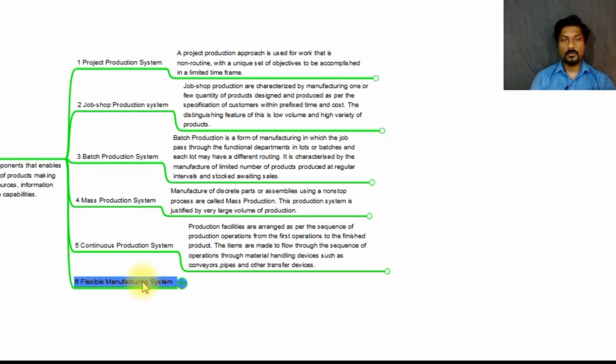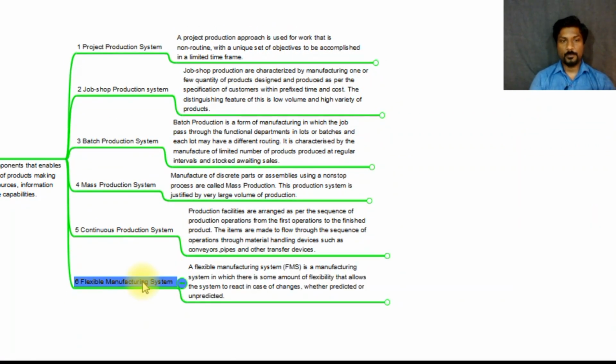Now let us look at what flexible manufacturing systems are. The name suggests that you have flexibility in terms of manufacturing. The same production system can be used to manufacture different types of products without much change.